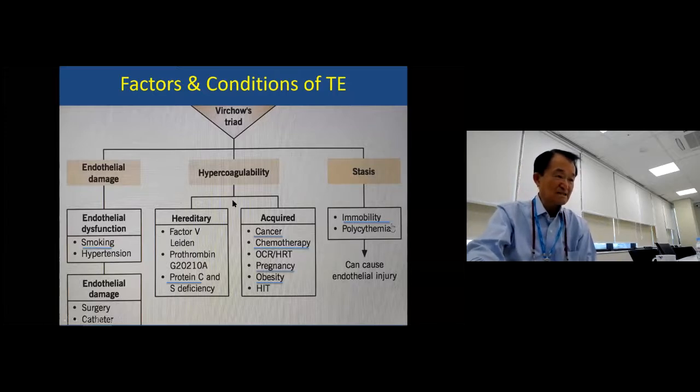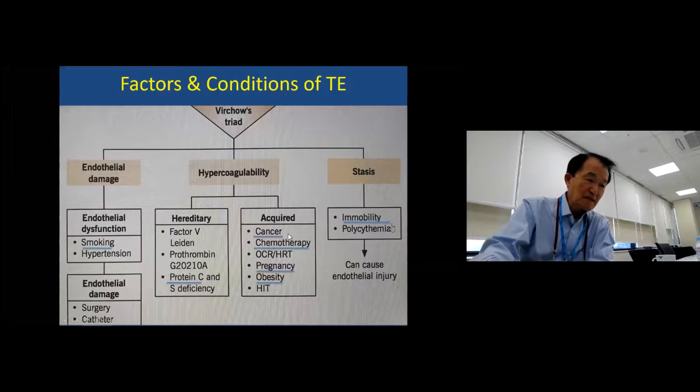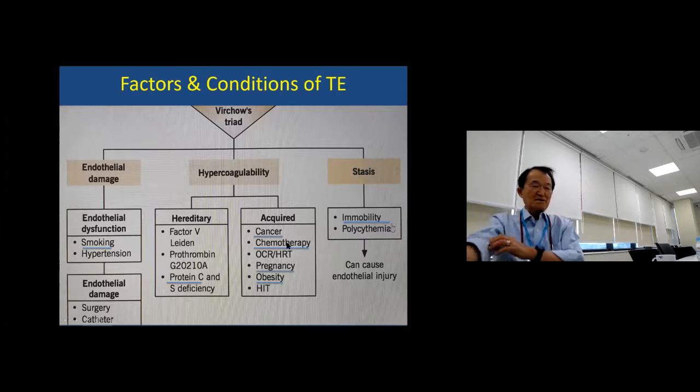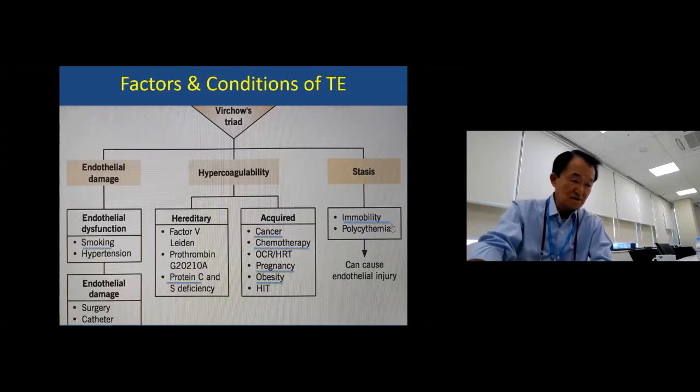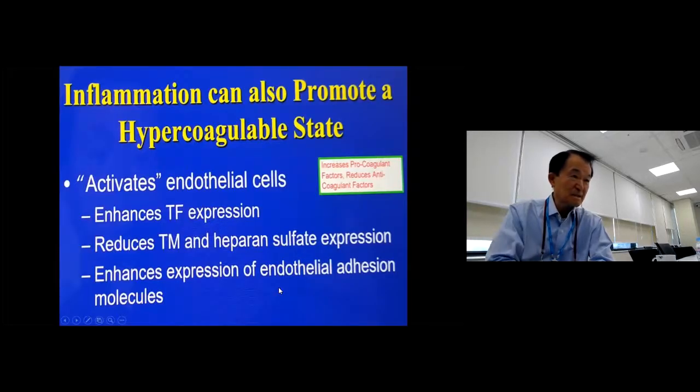And then more like a congenital certain factor problem, particularly protein C deficiency, and then acquired cancer, chemotherapy. Chemotherapy itself damaged vascular endothelial wall, and certain hormones, estrogen, pregnancy, obesity, all contribute.